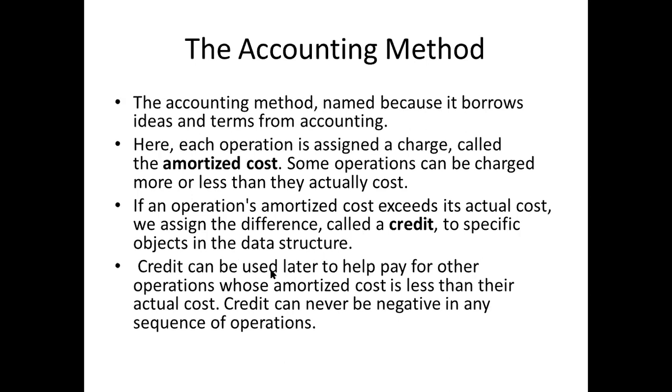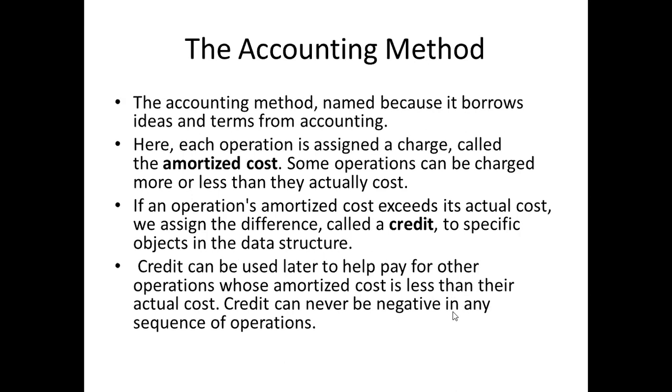Credit can be used later to help pay for other operations whose amortized cost is less than their actual cost. So here, the credit we are using can be used later to help pay for other operations, for which we apply the credit, whose amortized cost is less than their actual cost.